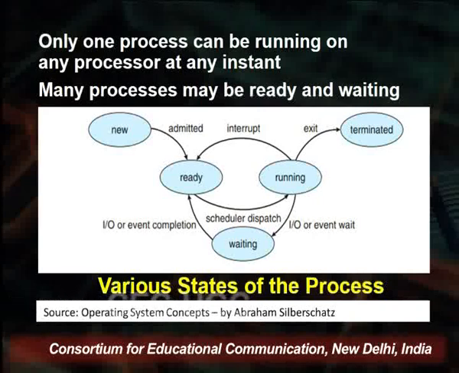It is not waiting for any input output to happen, in which case it would have gone to the waiting state. The process is ready, it is complete, it is ready to get the CPU, but it is interrupted because of an interrupt. So, in this situation it will go from running to ready.